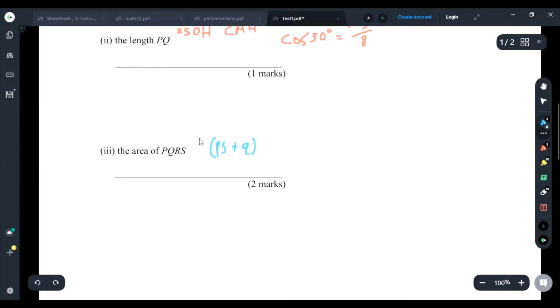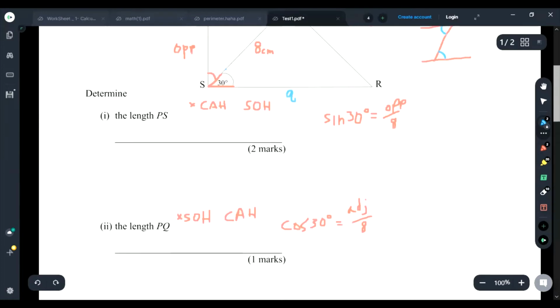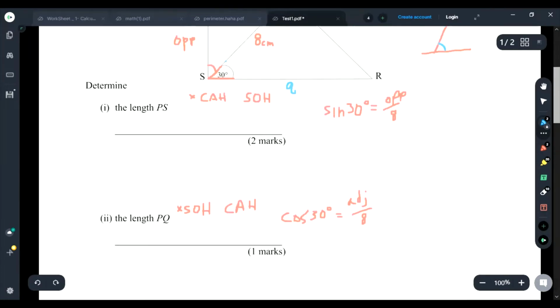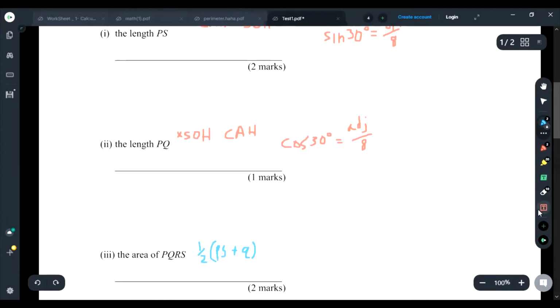You know this is a half here. And the height, well, the height is, oh man, I'm messing up, huh? Guys, you gotta help me out. It's not PS, is it? PQ goes here.